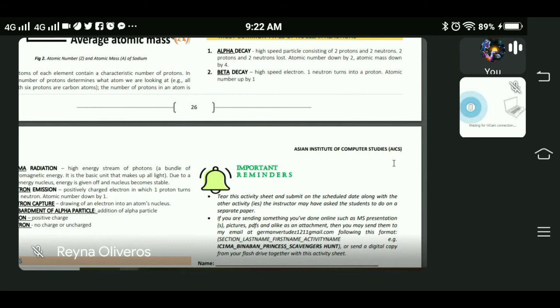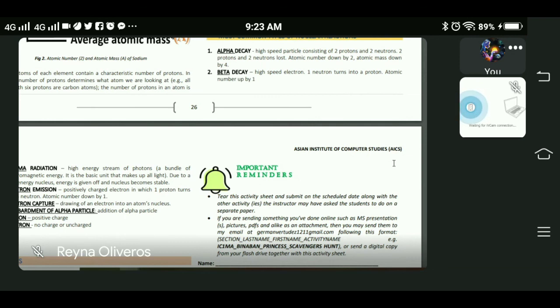Okay? Number 4 is positron emission. When we say positron emission, it is a positively charged electron in which one proton turns into a neutron and the atomic number is down by 1. Then number 5, electron capture. Guys, electron capture is the drawing of an electron into an atom's nucleus.